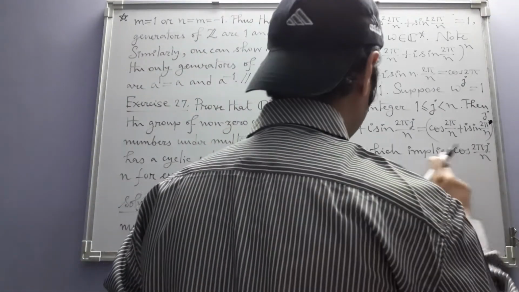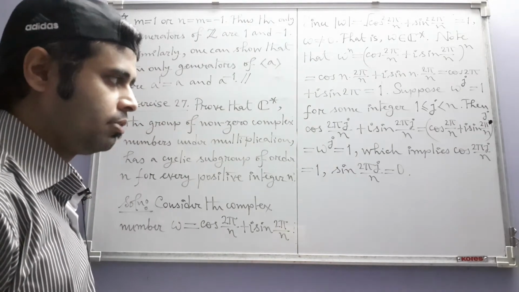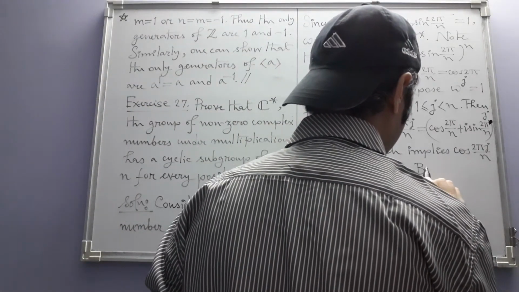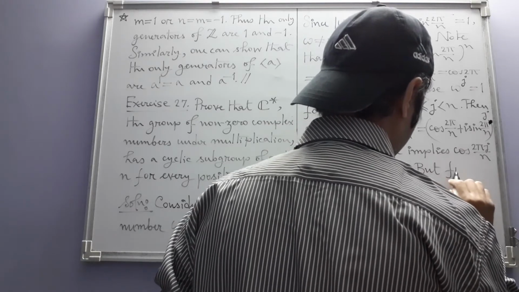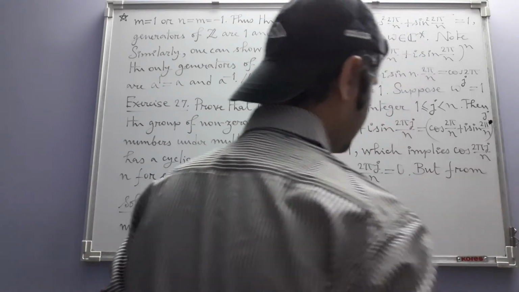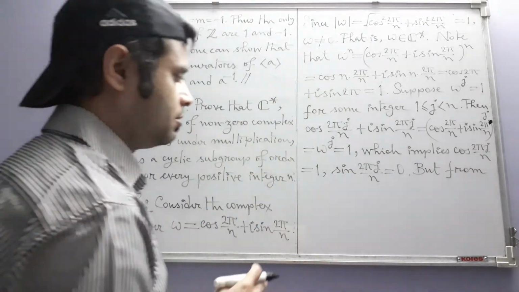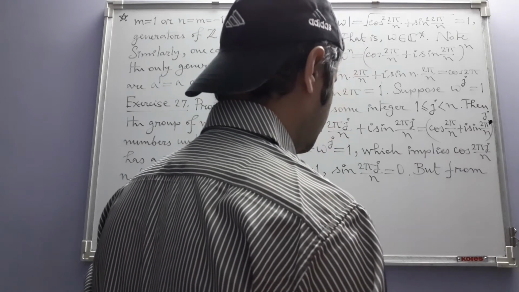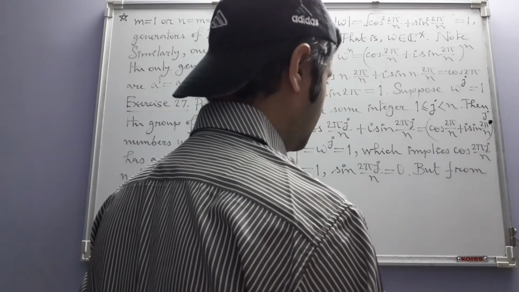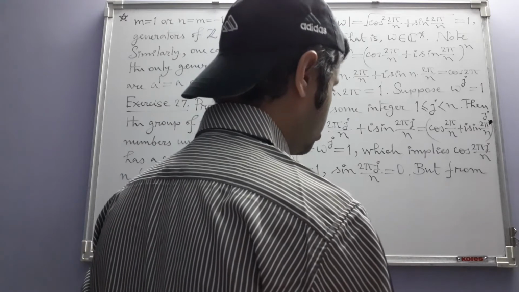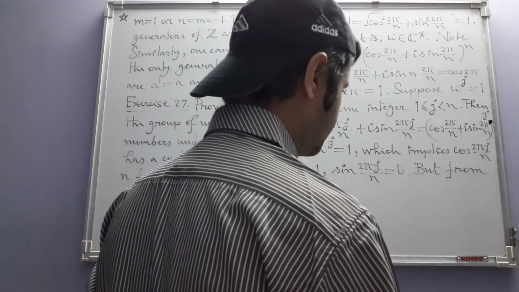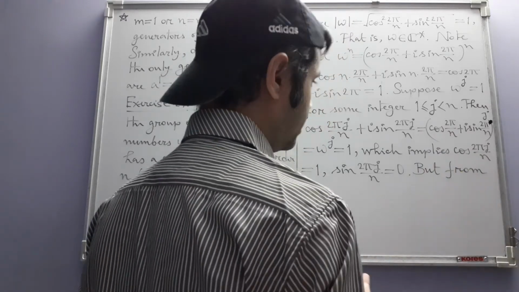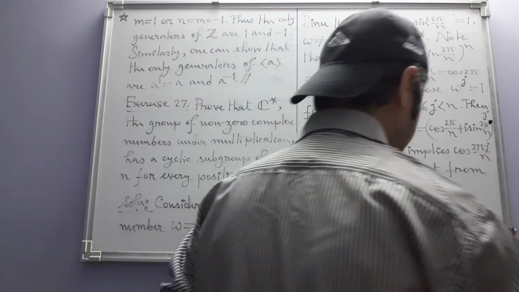Just like that, cos of this real number cannot be equal to 1. But shall I write it like this or should I supply more detail? That's what I am thinking. Maybe something that will show, without leaving out anything, that yes, we get a contradiction. Let me just think of that.